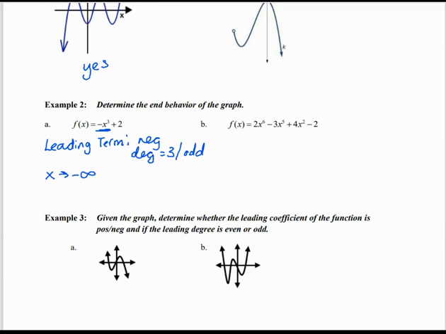So we always do the first part as is. As x is going to negative infinity, it's telling us that f of x will go to positive infinity. And as x goes to positive infinity, f of x will go to negative infinity.